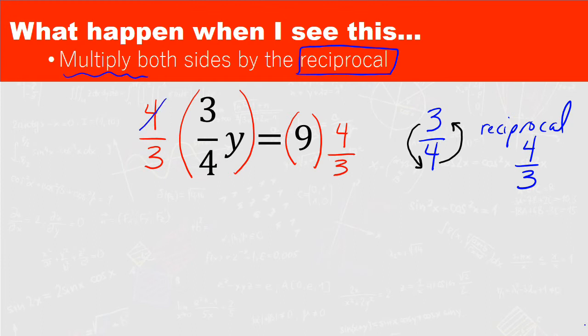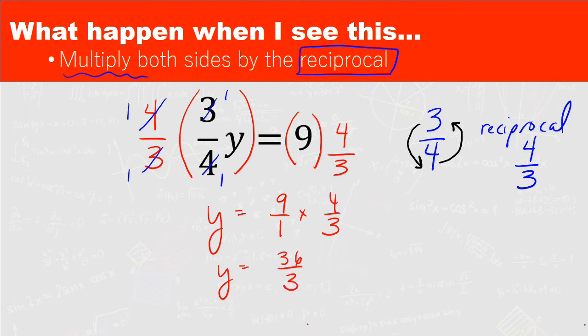So when we cross simplify here, 4 and 4 is 1, 3 and 3 is 1. So we know that y is going to equal 9 over 1 times 4/3. So we say y is equal to 36 over 3, which is also equal to 12 when we simplify it.